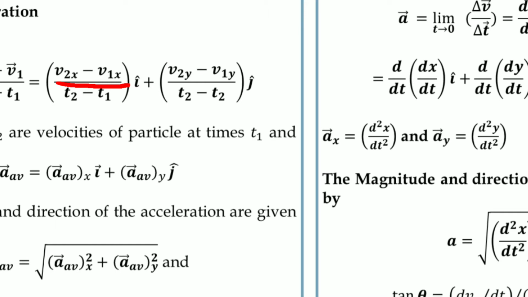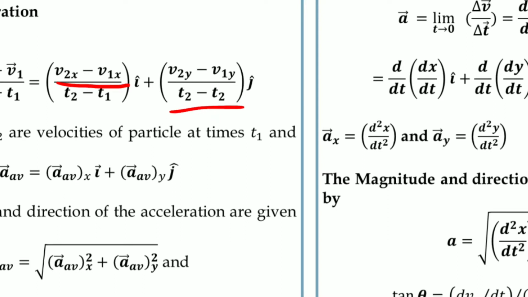Here v2x and v1x are the components of velocity along the x axis, and v2y minus v1y divided by t2 minus t1 j cap, which is the component of velocity along the y direction.